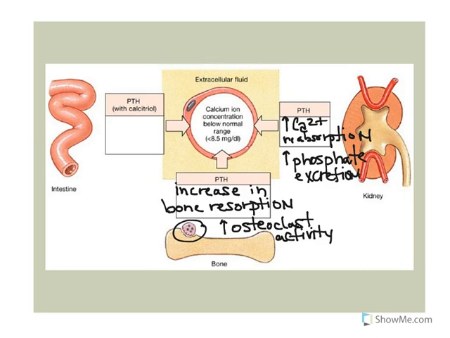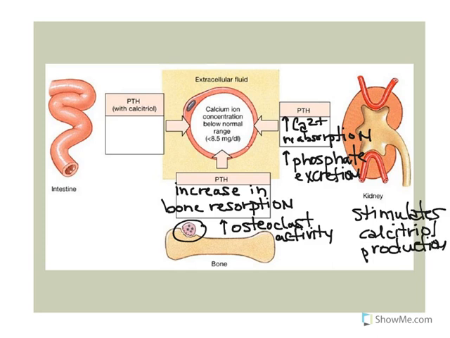Well, another thing that parathyroid hormone does is it stimulates the production of calcitriol in the kidney. So calcitriol is a hormone produced in the kidney, and it's actually the active form of vitamin D. And what calcitriol then does is it targets the small intestine.